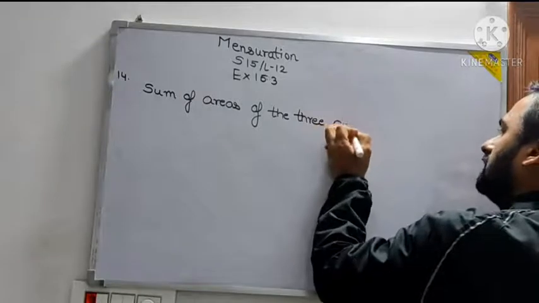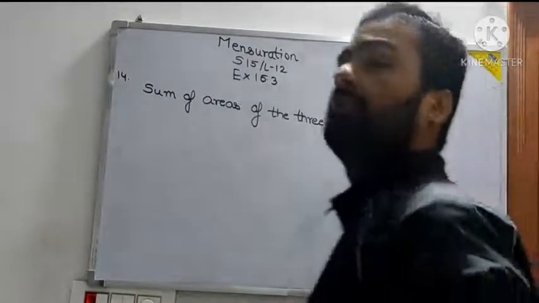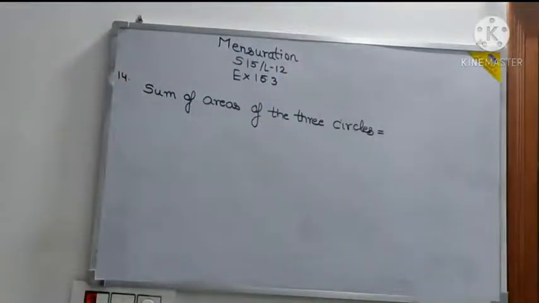Why do we need to find the sum of the areas of the three circles? Because the question is telling us that the area of the one circle which is given to us is equal to the sum of the areas of the three circles.